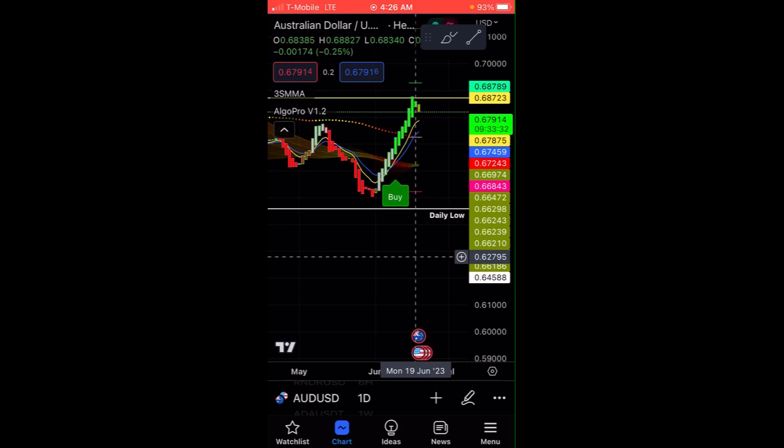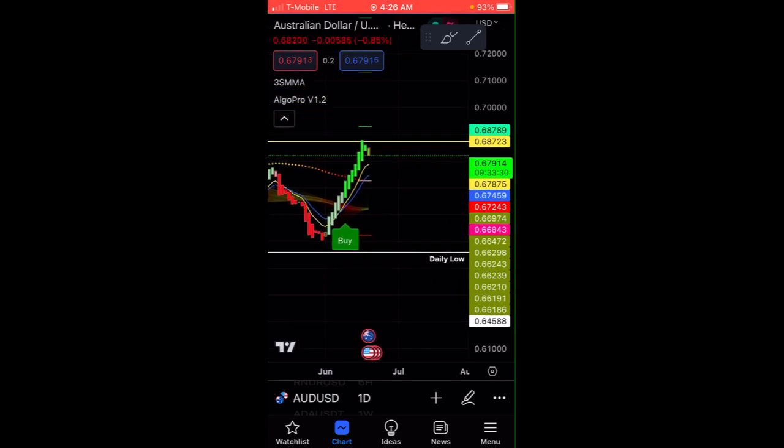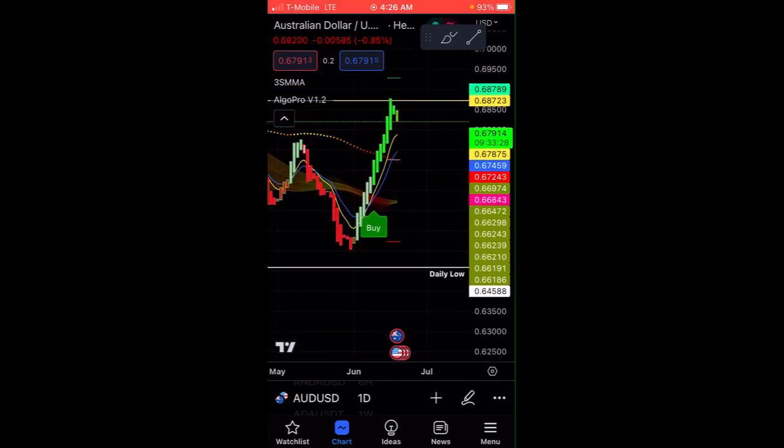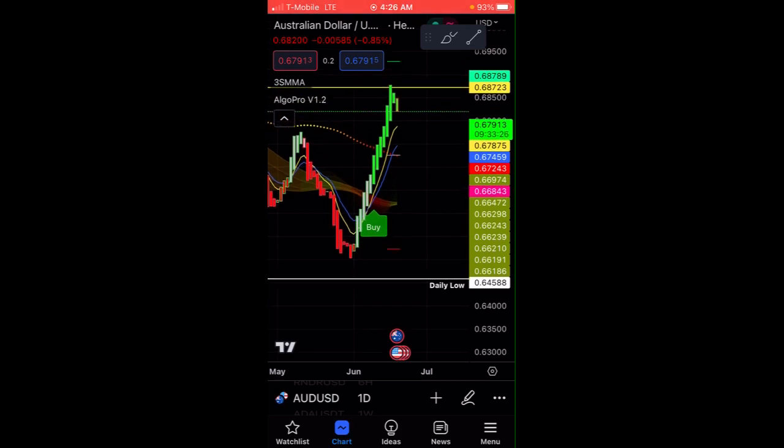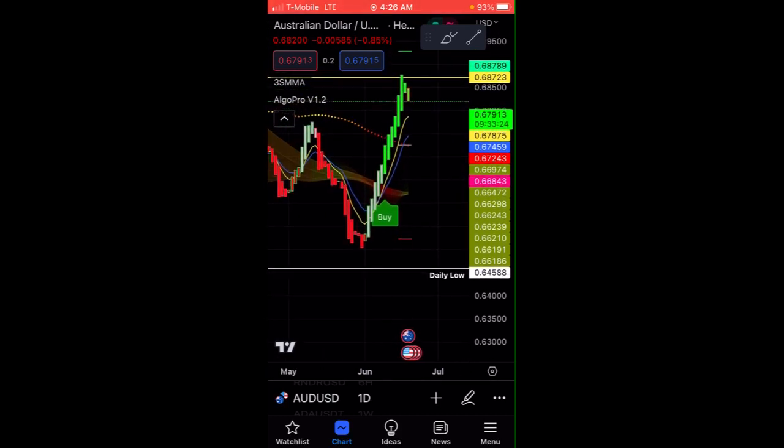So what we can tell right here with the Australian dollar, we're on the day here. We could tell that, basically because we just came from a big holiday weekend with Father's Day and another holiday, and the stock market being closed for about 4 days.